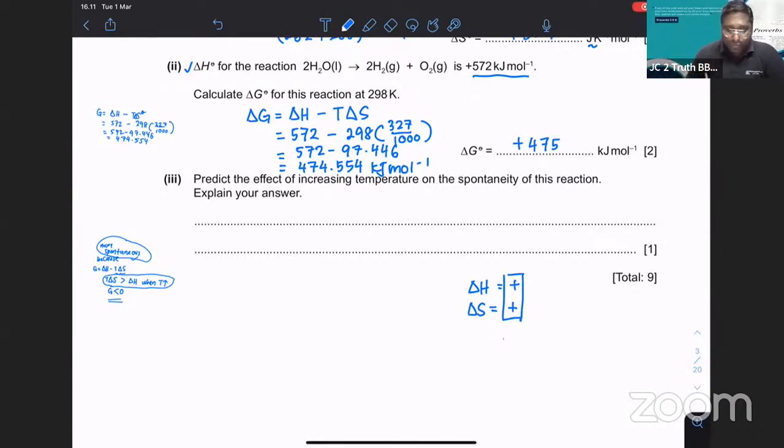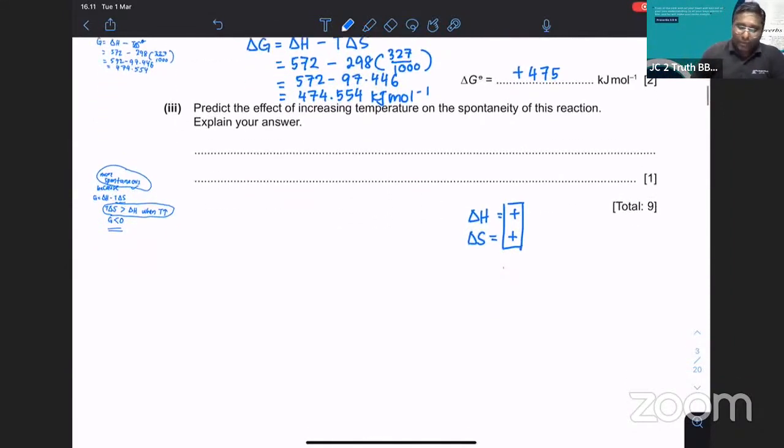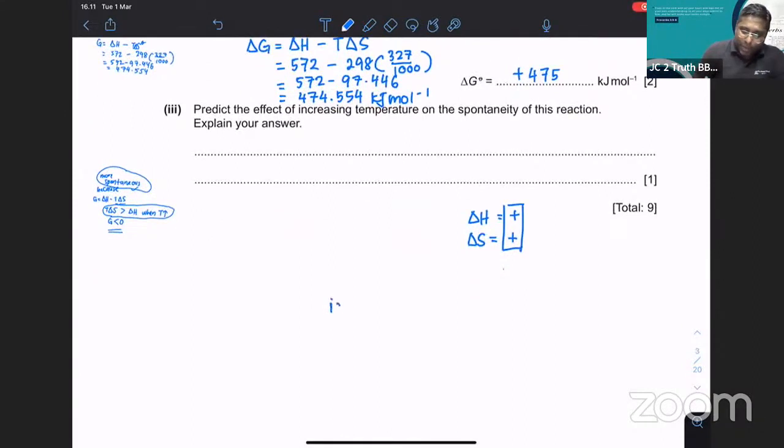How to do this in an easy way is, you just need to put ice, and put water over here. We know the change from ice to water is endothermic, so delta H is positive. And from ice to become water, ice is solid, water is liquid, so the entropy change is also going to be positive. So it's a good representation for this condition.